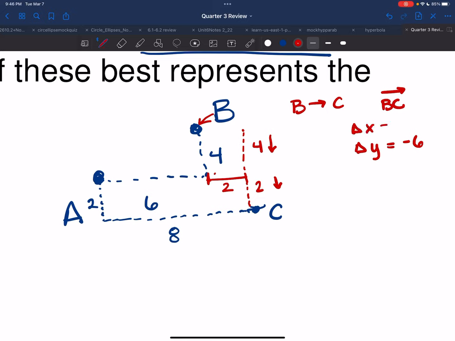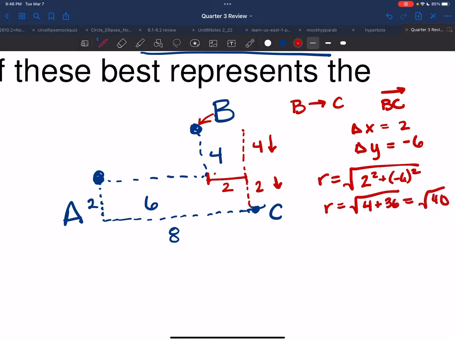So my change in x is 2. And so from here, I would do my resulting vector, and that would be 2 squared plus negative 6 squared. And so that would be 4 plus 36, or the square root of 40. Okay? That's one way to do it.